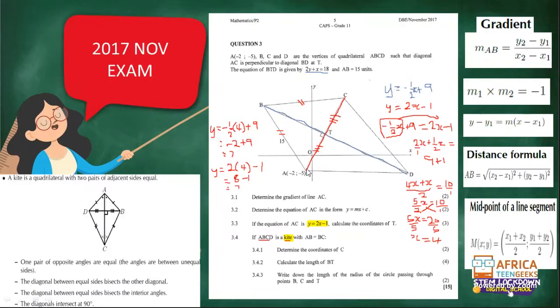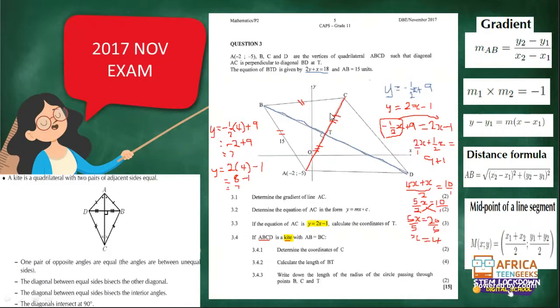So if AT equals TC, it means our point T is what? It's our midpoint, isn't it? So if AT equals TC, then this is a midpoint of line AC, okay? So you can use that to determine your point C.